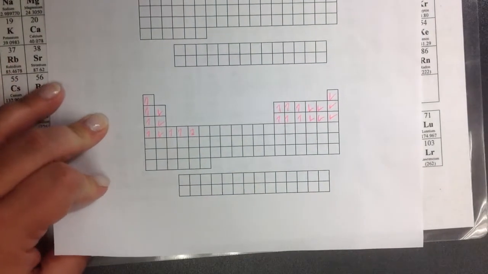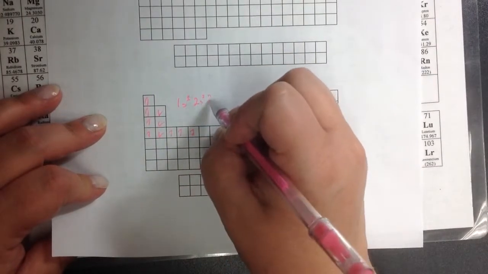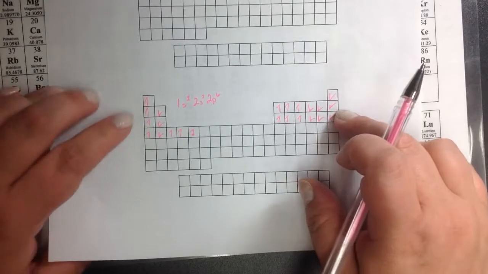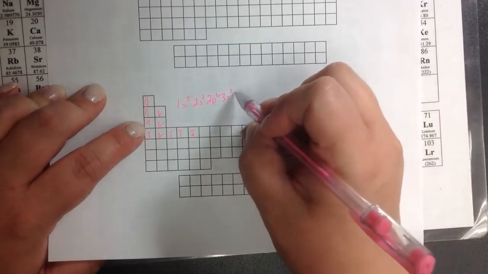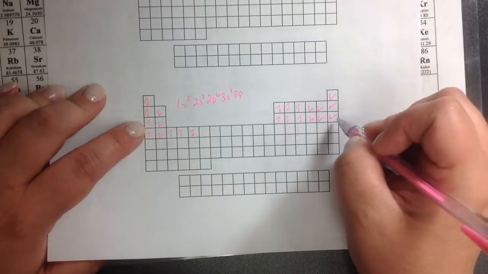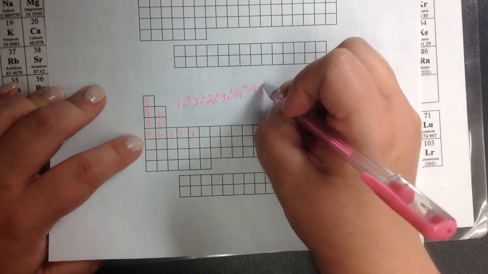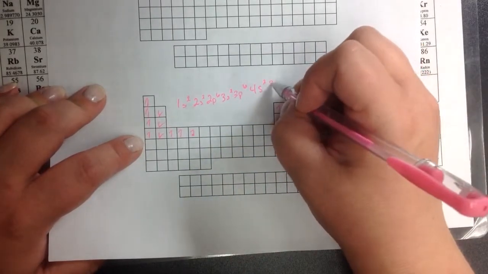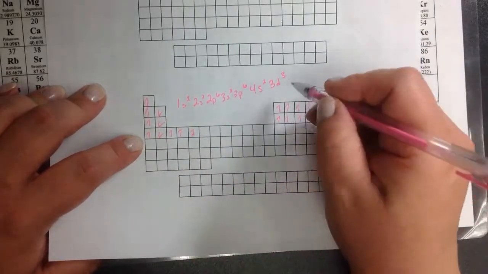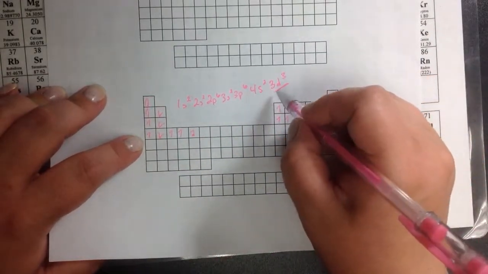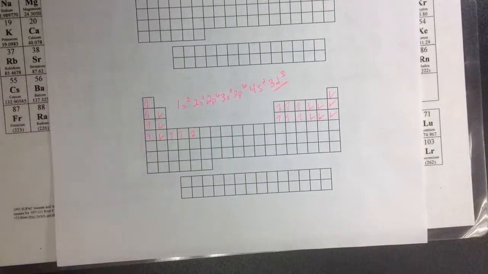Okay? 1s2, 2s2, 2p6 right here, 3s2, 3p6, 4s2, 3d3. 1, 2, 3. You can write it this way. Technically, a lot of times you're supposed to put the S on the outside, but it doesn't matter as far as this class is concerned.